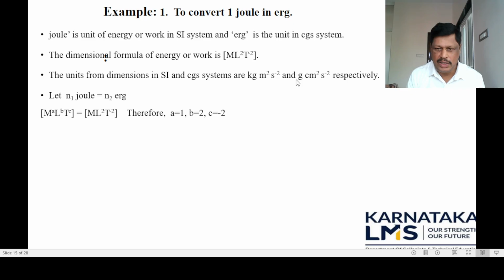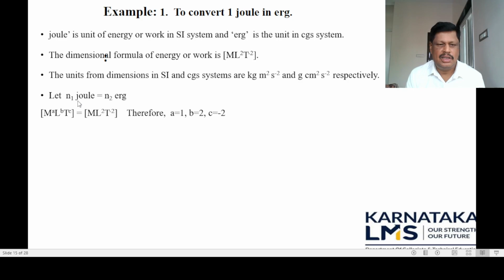The unit of mass in CGS is gram, length centimeter, so L square, centimeter square. The unit of time is also second, so second minus 2 respectively. So kg, meter and second are the units of mass, length and time in the SI system. Gram, centimeter and second are the CGS units of mass, length and time.